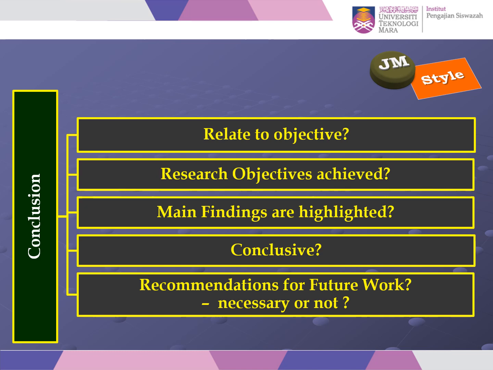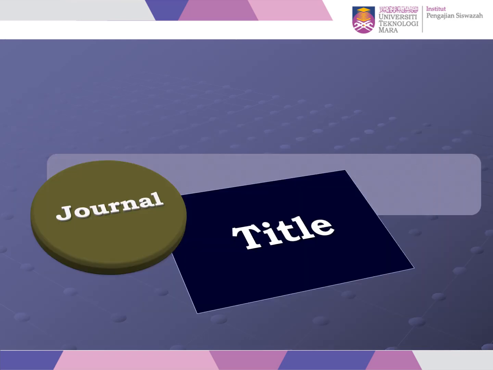If the last sentence is still a result, then when people read it, it is not conclusive. So make sure the sentences you use in the conclusion are conclusive. Then look at whether it's necessary to recommend future work, and whether you want to make your article alive or not.